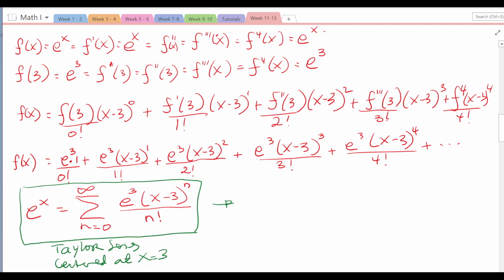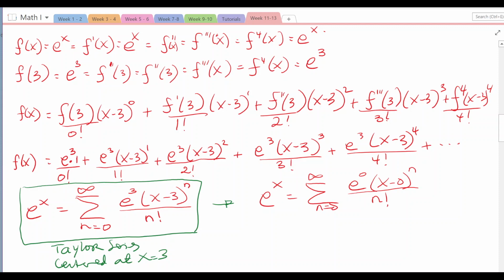How about the Maclaurin series? The Maclaurin series for e to the x, from n equals 0 to infinity, will simply be, because the center is 0, e to the power of 0 multiplied by x minus 0 to the power of n over n factorial.